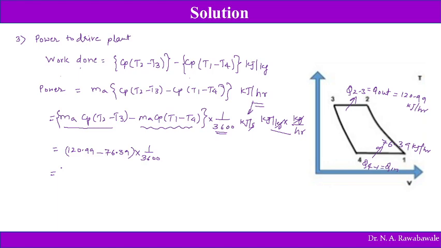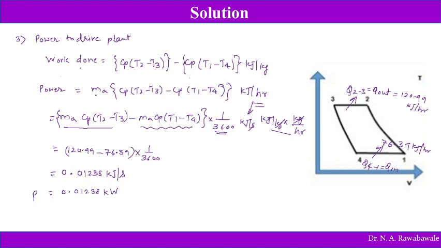This will be 0.01238 kilojoules per second, or this can be called 1.01238 kilowatt. So this is how we obtained the power required.